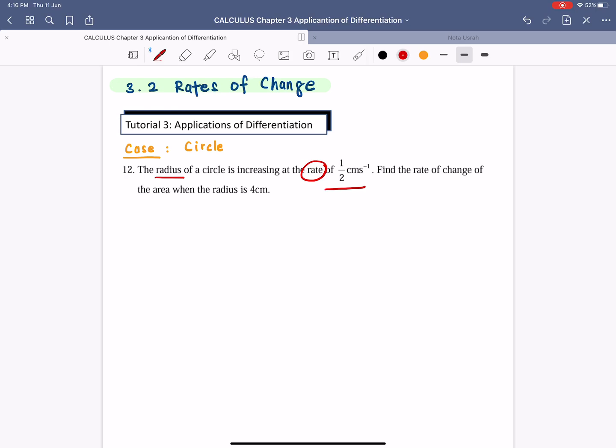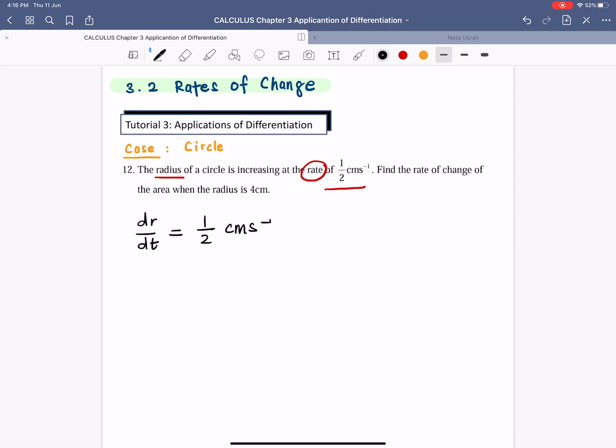Rate means we have, since it is about the radius, we need to write it as dr/dt. Suppose that r represents the radius. So dr/dt is equal to half centimeter per second.